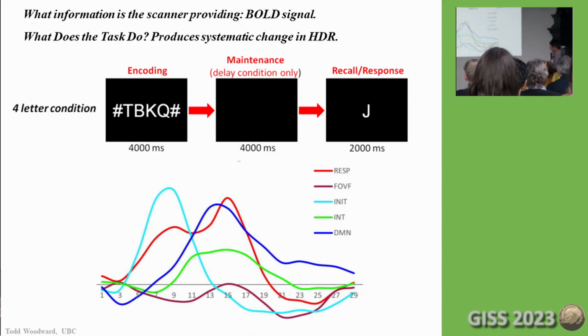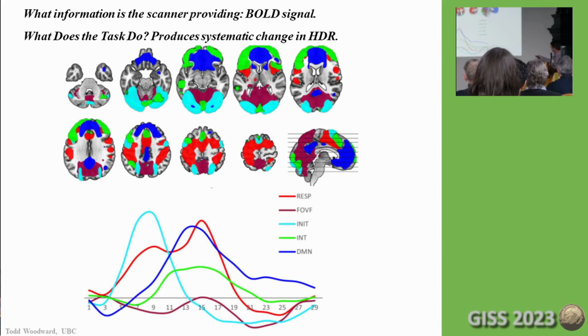And here are the colors of the hemodynamic responses on the brain so that you can see which network has, on average over the entire network, each of those shapes. So the light blue, what we call initiation, this getting online of cognitive processes, has this distribution of these blue areas.